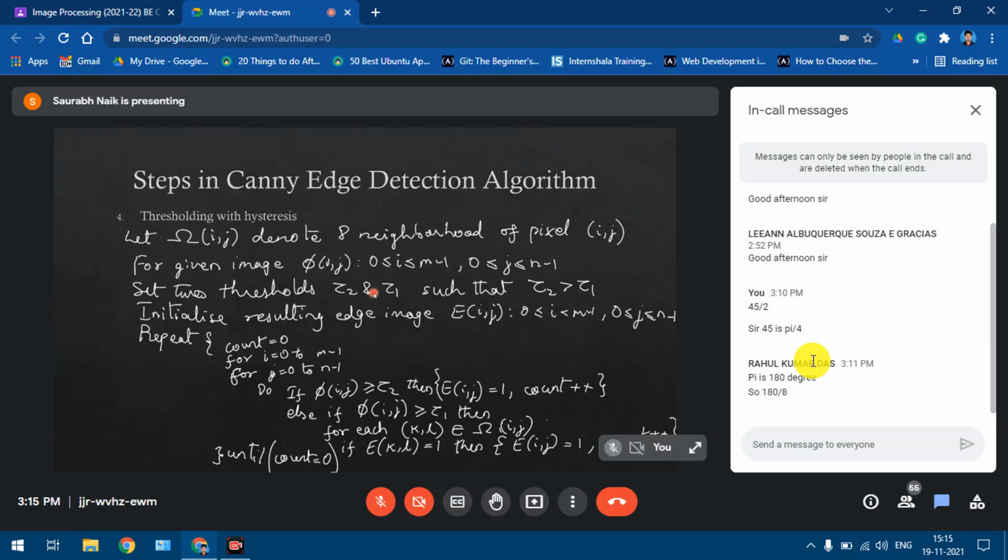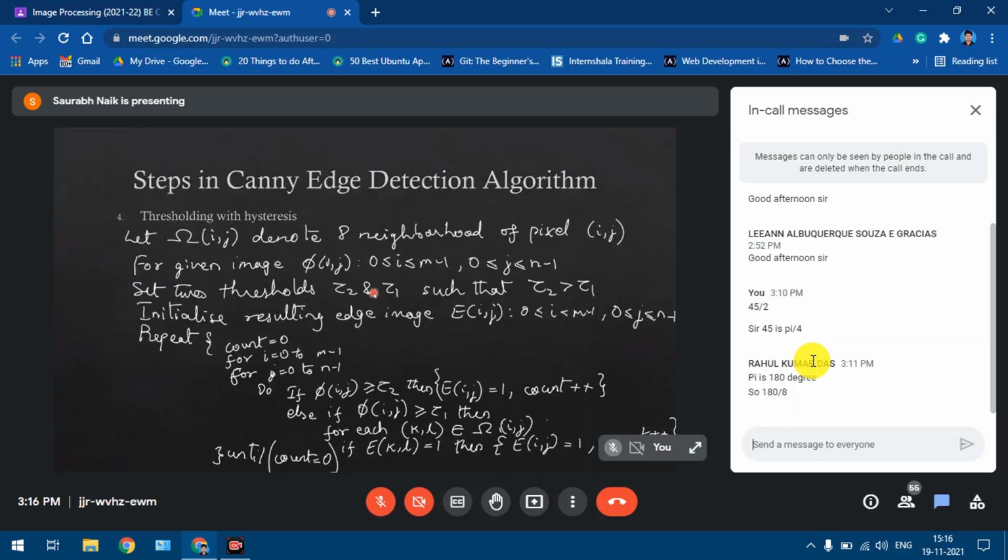Okay, so in thresholding with hysteresis, we basically do the thresholding with two threshold values, and we are trying to decide whether a particular pixel i comma j can be considered as an edge pixel or not. Okay, so if this gradient value is greater than the higher threshold tau 2, then it is definitely an edge pixel.